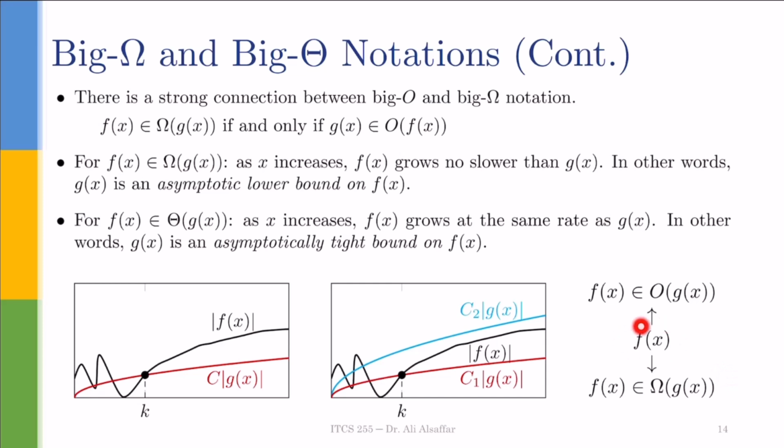Then you can say that f of x belongs to big omega of g of x. In other words, when f of x looks down, every function below f of x will be part of omega g of x. And when f of x looks up, every function on top of f of x will belong to big O of g of x.